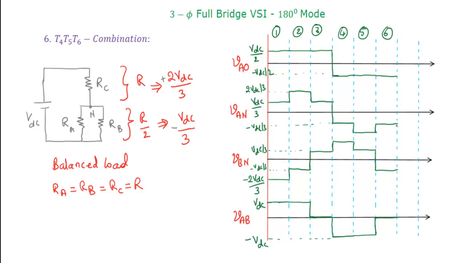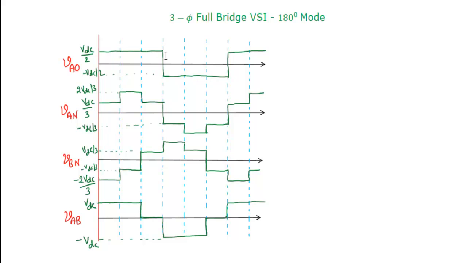Now look at that, one cycle is completed by phase A by having 6 combinations, like that phase B also. So the difference between these two is again 0. So if you continue further, we will have again combination 1, combination 2, and we will keep on getting the waveforms like this.